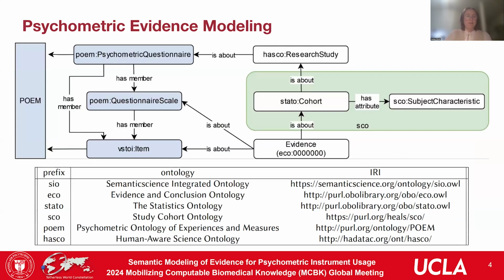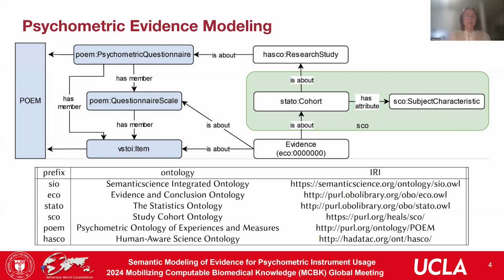To tackle these challenges, we're working on an extension to POEM for psychometric evidence modeling. Centrally, we have the evidence class, which is from the Evidence and Conclusion Ontology, which is a type of information used to support an assertion. In this case, the assertion that some item or scale measures what it claims to for a particular cohort and context.